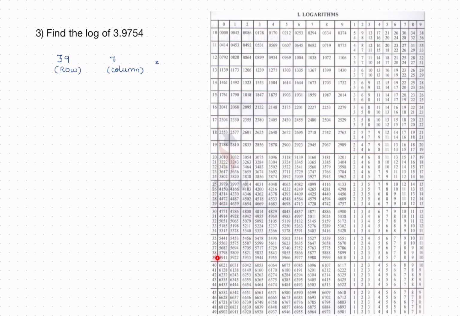So 39 and 7, it is 5988. Now mean difference. Mean difference of the next digit. After 7 you have 5. Mean difference of 5.